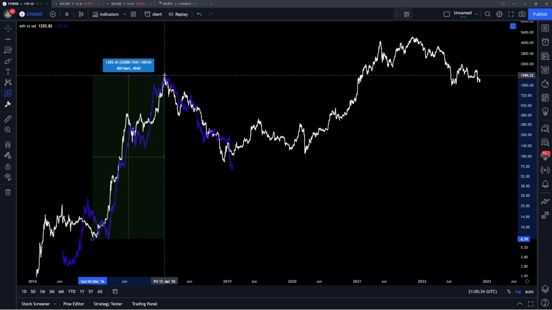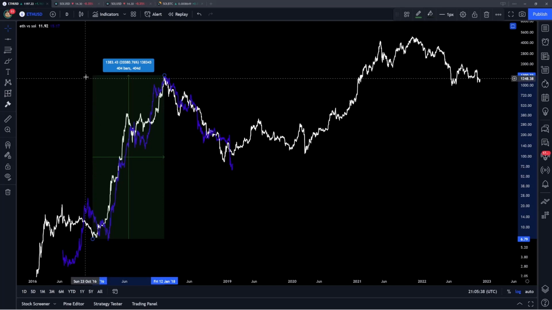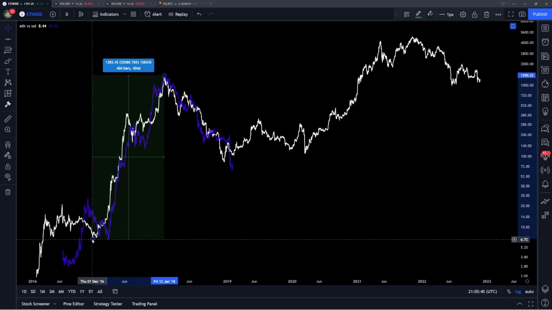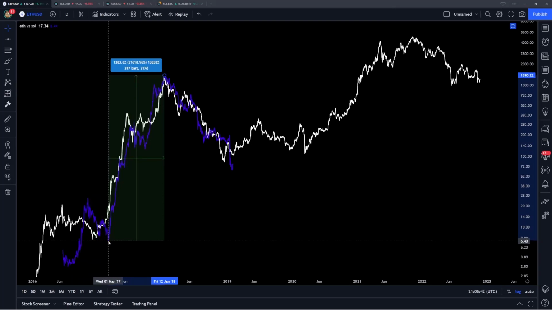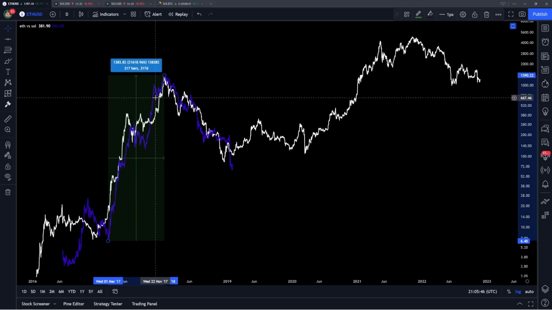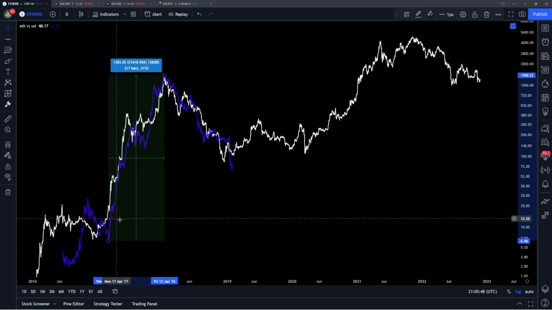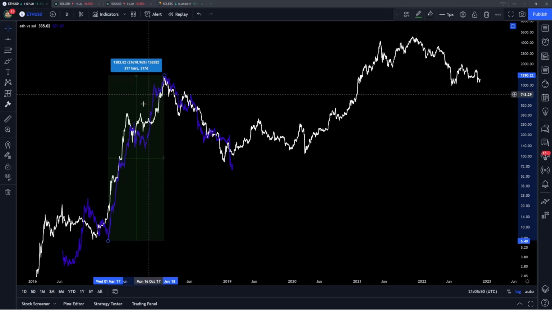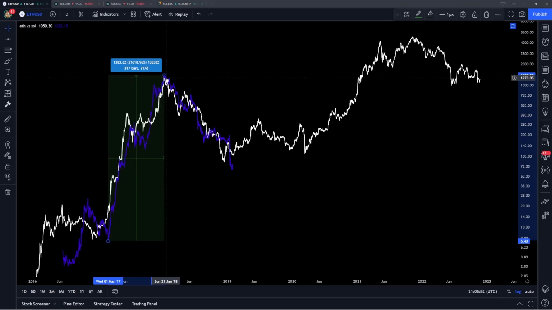That represented a 20,000% extension. You can see Solana had a very similar move. From this low in purple, we had a move up of around 22,000% over 317 days. So they actually had a very similar bull run by how quickly they moved up and how much they moved up.